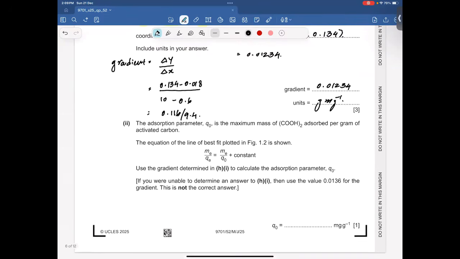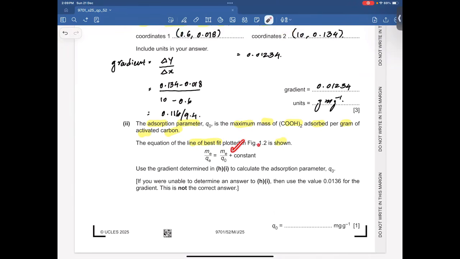Now the next: the adsorption parameter is the maximum mass of ethanedioic acid adsorbed per gram of activated carbon. The equation of the line of best fit plotted in figure 1.2 is shown. So that's basically y equals mx plus c. Use the gradient to determine Q naught. Calculate the adsorption parameter.